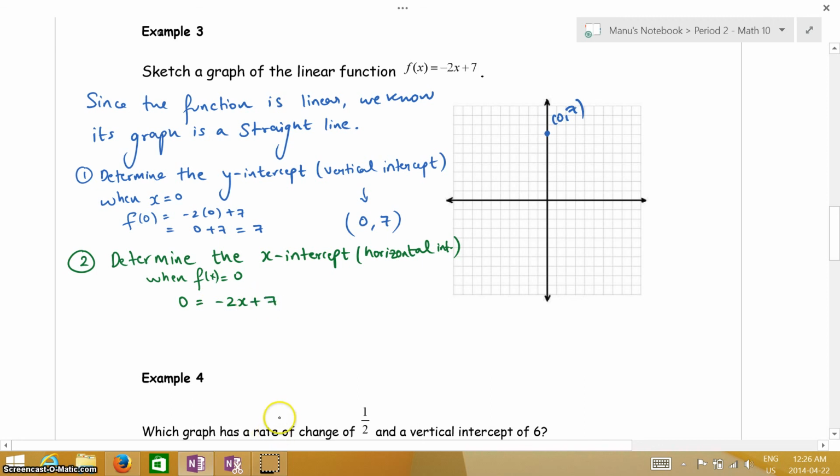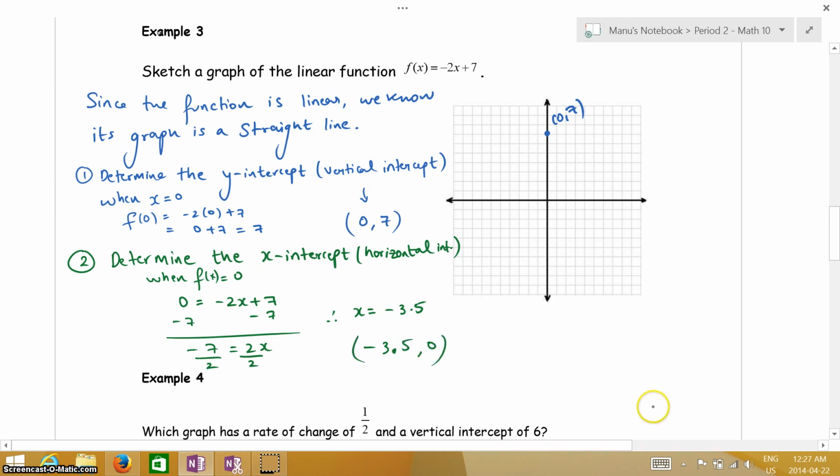Let's do a little bit of algebra. Subtract 7 from both sides. You're going to get negative 7 equals 2x. You want to isolate the x by itself, so we divide both sides by 2. You're going to get x equals negative 3.5. So as a result, your x-intercept is (negative 3.5, 0).